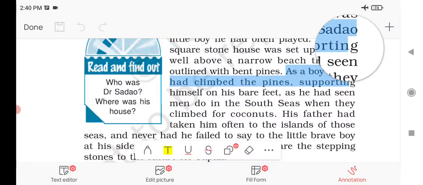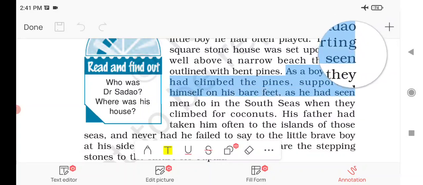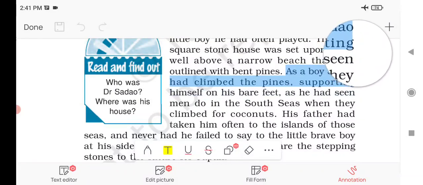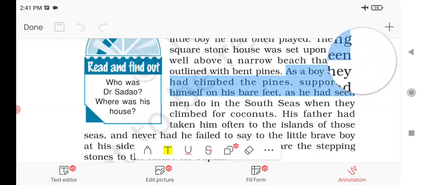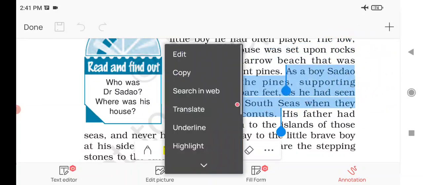As a boy, Sadao had climbed the pines, supporting himself on his bare feet, as he had seen men do in South Seas when they climb for coconuts. So, Dr. Sadao would climb the pine trees, like those men who would get coconuts from the trees, and that's how Dr. Sadao learned.